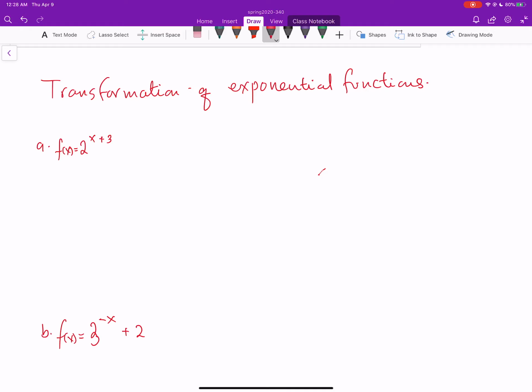So let's look at the very first example that I have. It looks like my base function is f of x is equal to 2 to the x. All right. Now, when I add a plus 3 to the power, what does that mean?